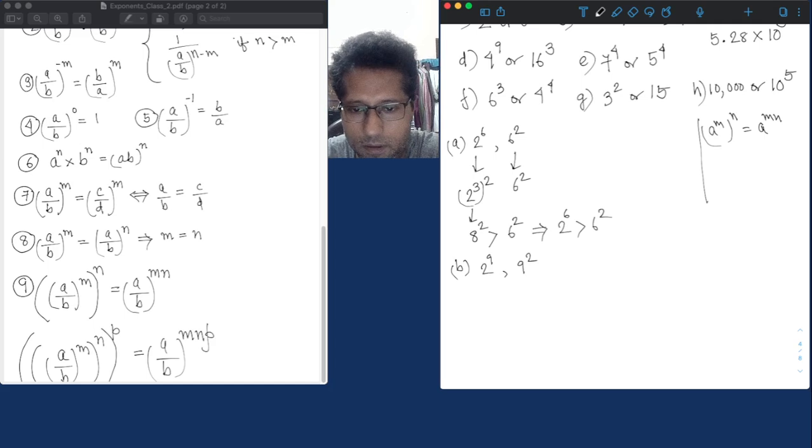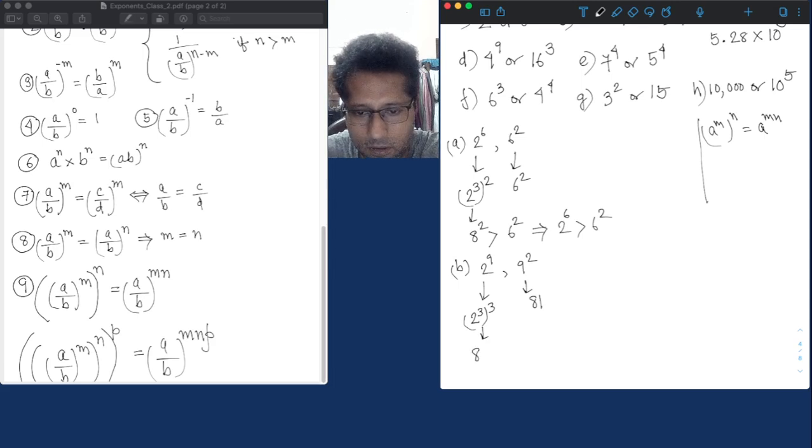So 9 square is 81. Okay, so 81 and 2 to the power 9. How much is 2 to the power 9? We can say 2 to the power 3 and whole to the power 3. 2 to the power 3 is 8.